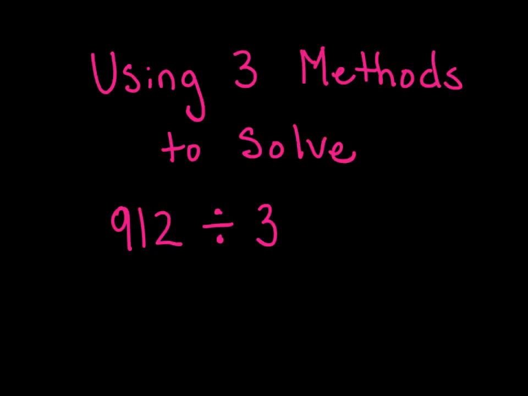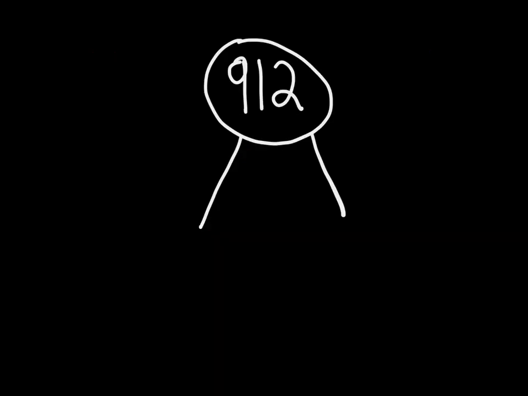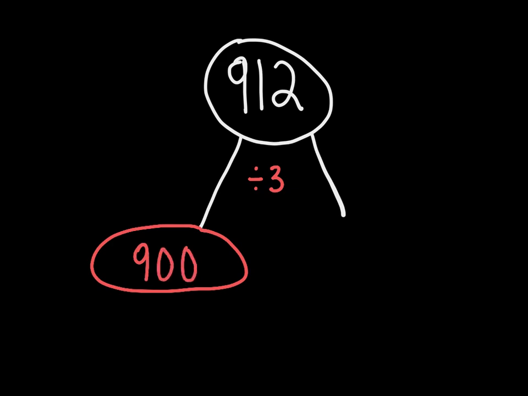Let's try learning 3 methods to solve 912 divided by 3. Let's go on to the next one and check it out. So here we got a number bond, and we're breaking this up and dividing by 3. If we pull this section out, this becomes a 900, and what's left is 12.